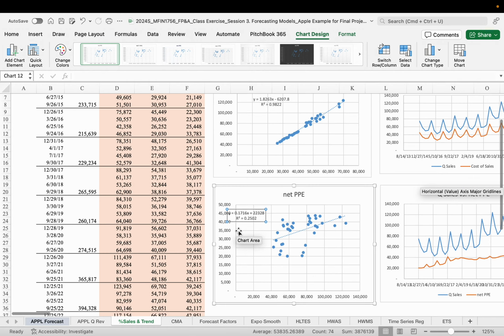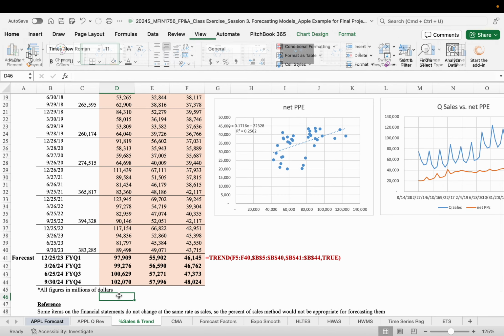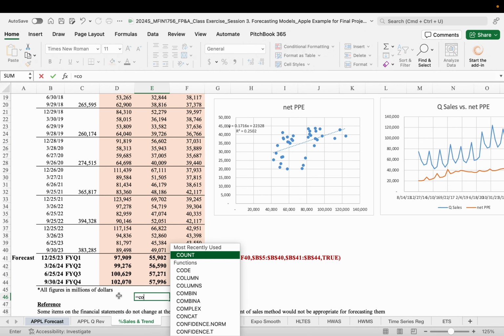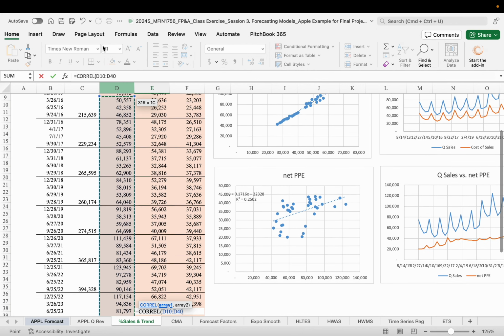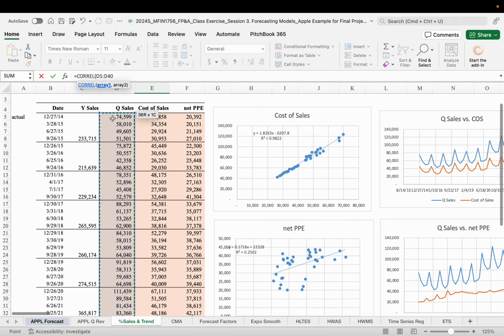You can also calculate the correlation here, right? The relationship is not a causal effect, but just the relationship between these two. So for correlation, you don't need to distinguish y and x-axis.